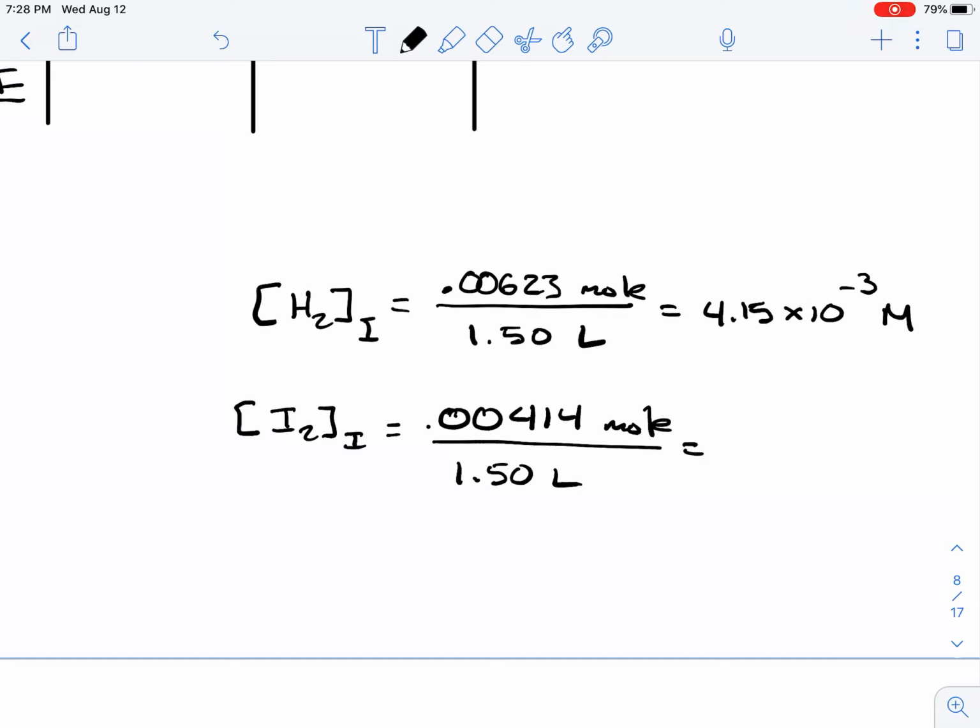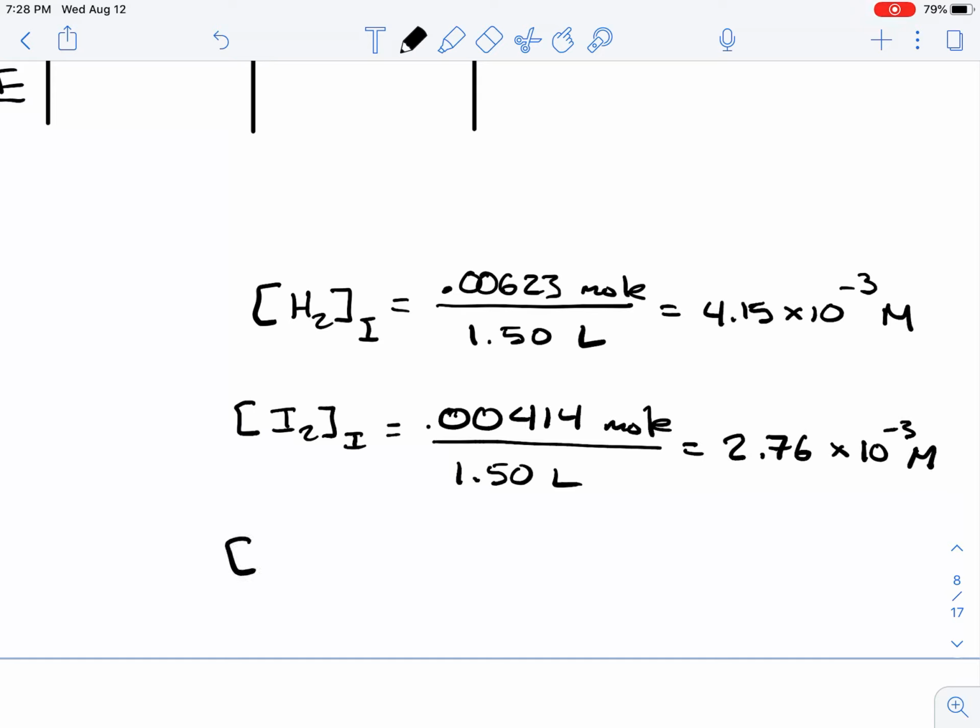Let me plug that into my calculator. So I have 4.14 times 10 to the negative 3, divided by 1.50, and that's going to give me 2.76 times 10 to the negative 3 molar.